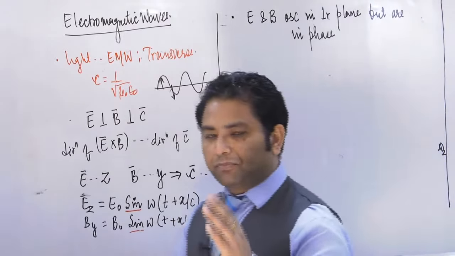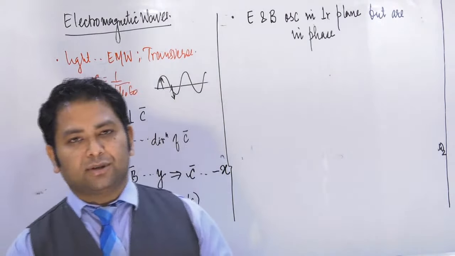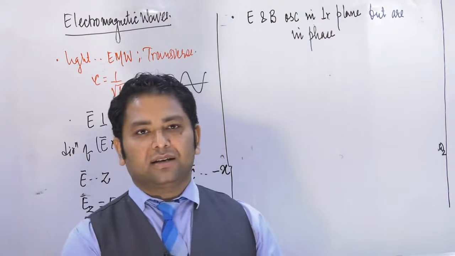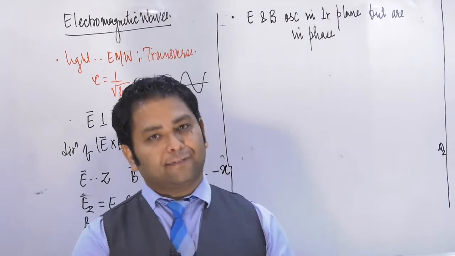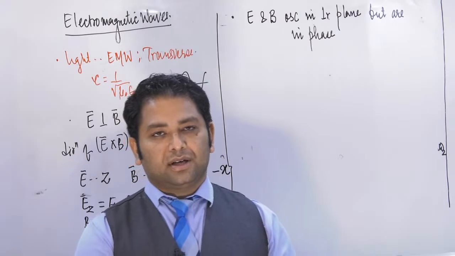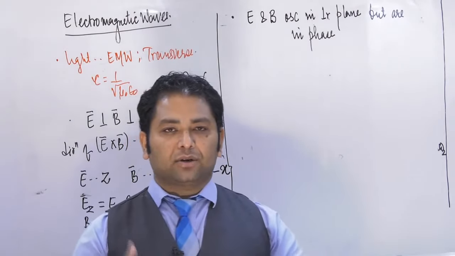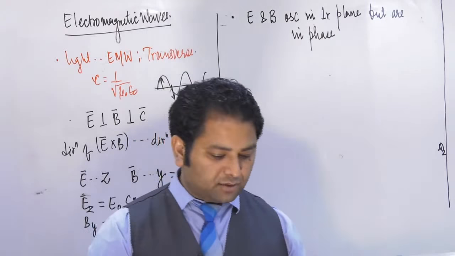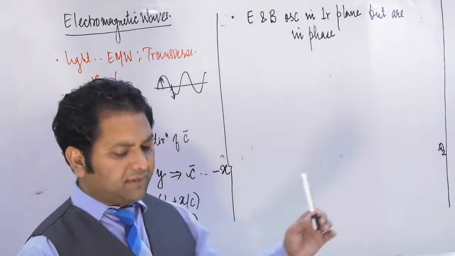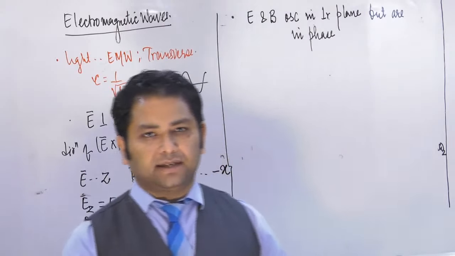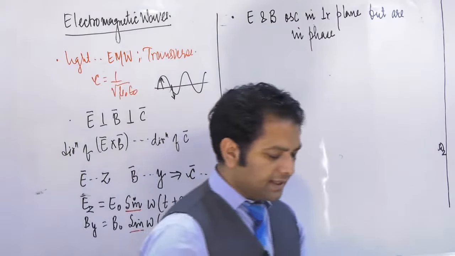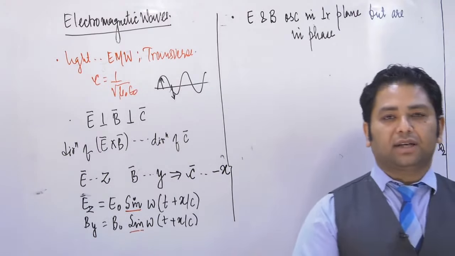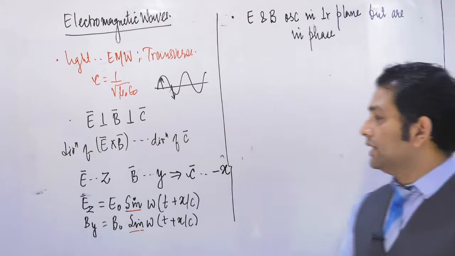Remember, objective examination is also about how cleverly you make your strategy. Looking at the weightage and at where you can score more is always a better way. These are very simple things that can be understood. That's the characteristic here about the electromagnetic wave.